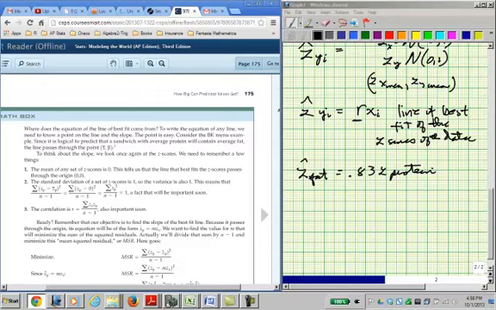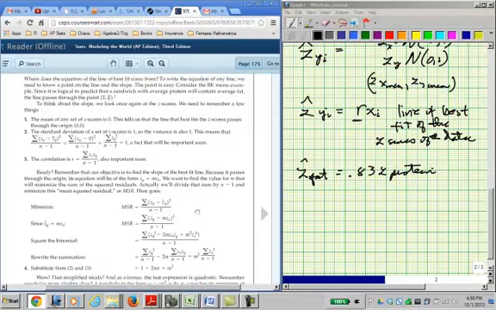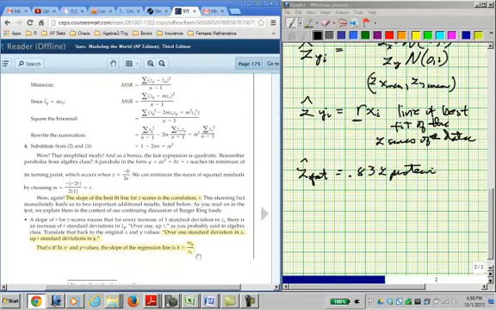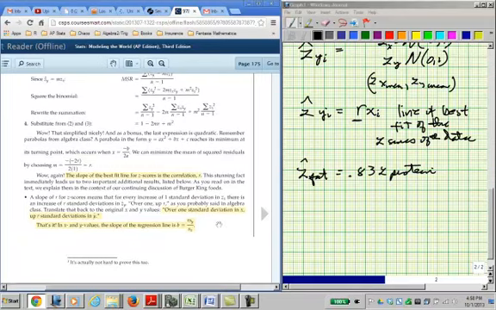Now, they do a lot of math here, which is, if you're into it, check it out. If you're not, don't worry about it. Okay? But here's the long and the short of it.